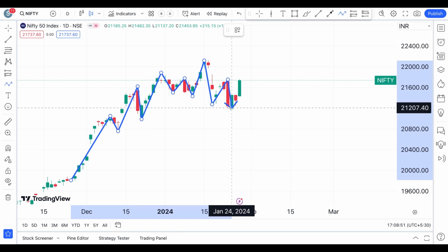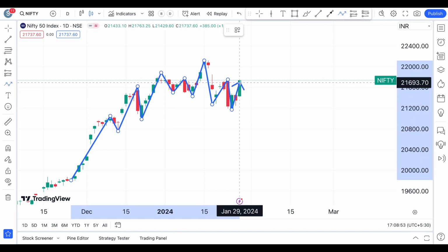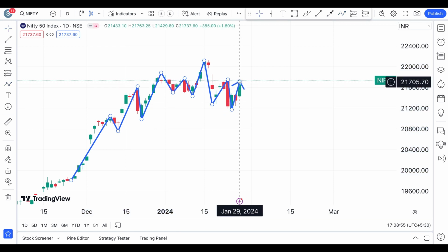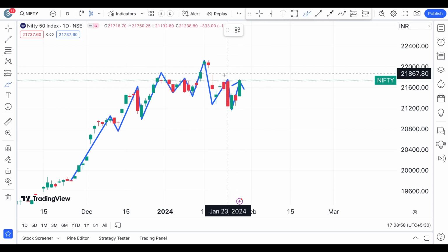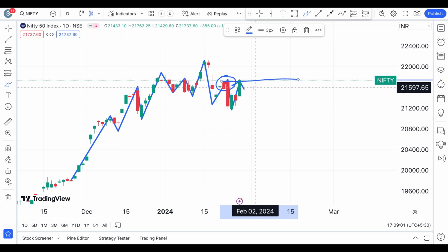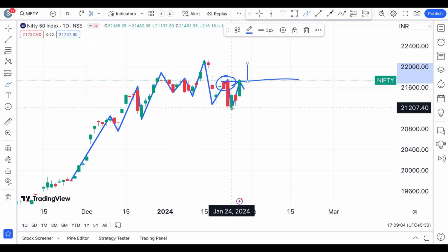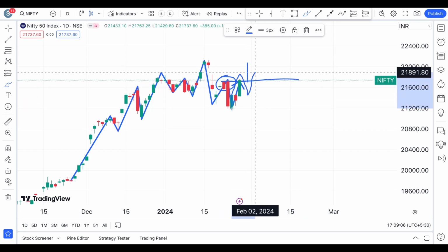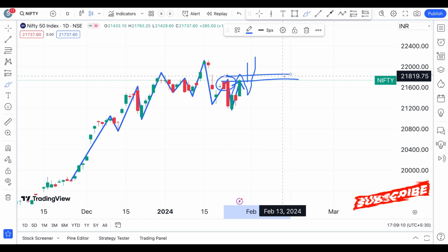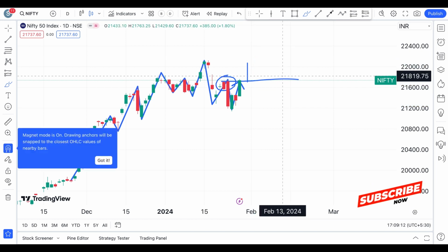But it is a kind of pullback situation in the Nifty, and this point is going to be very crucial. We have to wait and see whether it is going to break this level and come out of this, or if it is forming a higher high and then a higher low, and then breaking this level. Even that is going to be a positive sign for the Nifty.